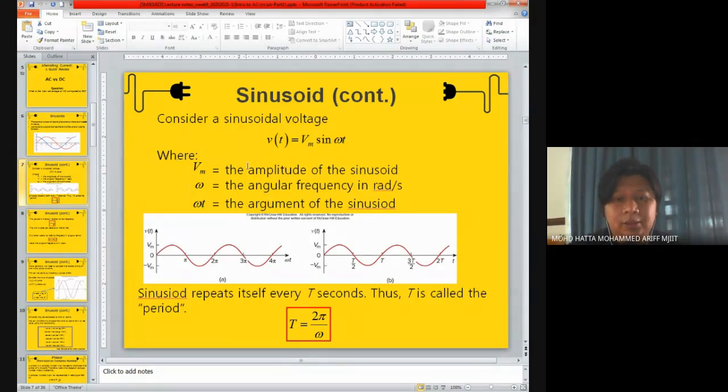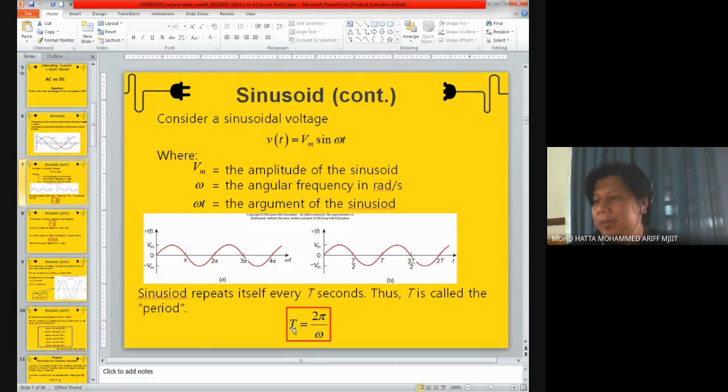And the second one is this omega. Omega is known as the angular frequency, and the information that we will get from this omega is the frequency itself, the period, and it can be written using this equation.